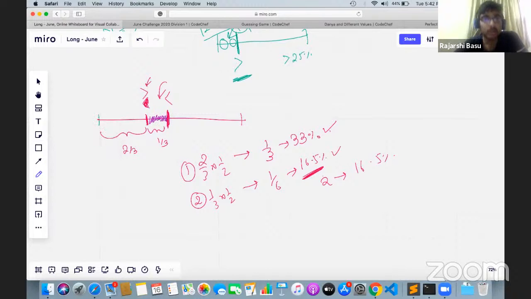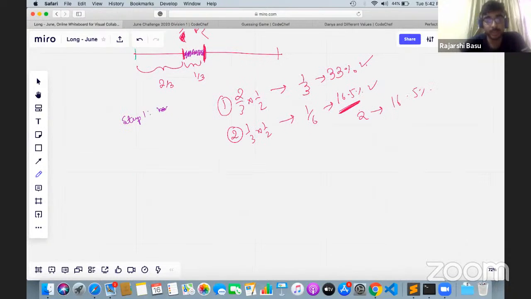Correct? Now is the main part. In our previous cases, we made two queries, we reduced the section and then we again repeated. So let me show it like this.